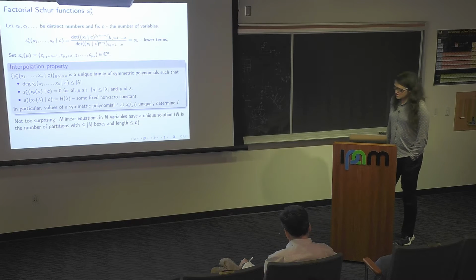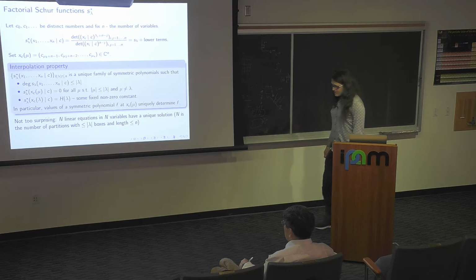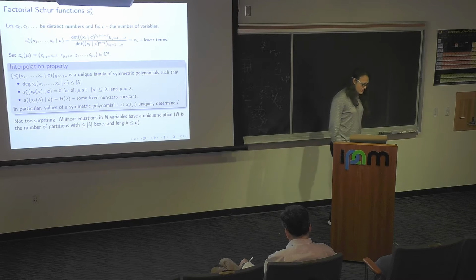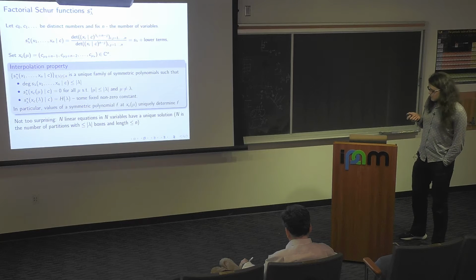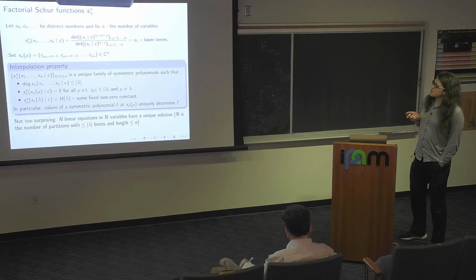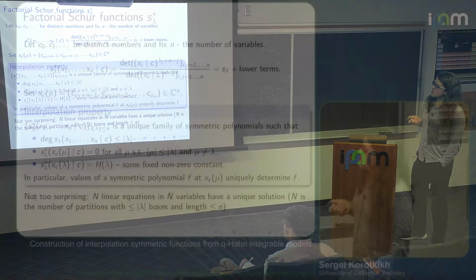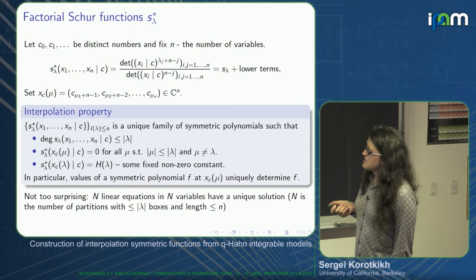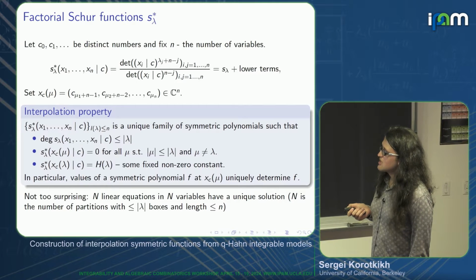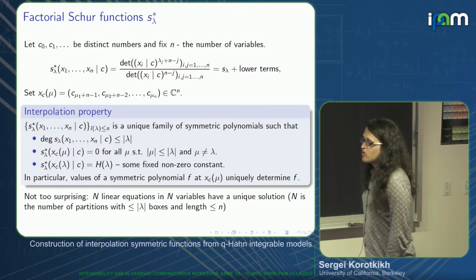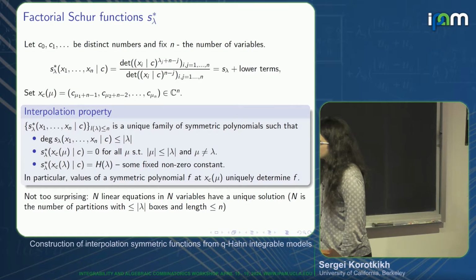An important property which we care about when talking about this interpolation business is the following interpolation property. It turns out that these factorial Schur functions can be determined uniquely as symmetric polynomials with the following properties. First of all, their degree is not greater than the number of boxes in the corresponding partition.